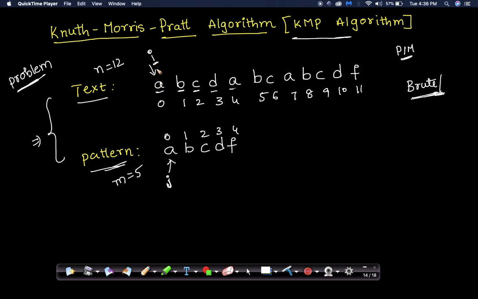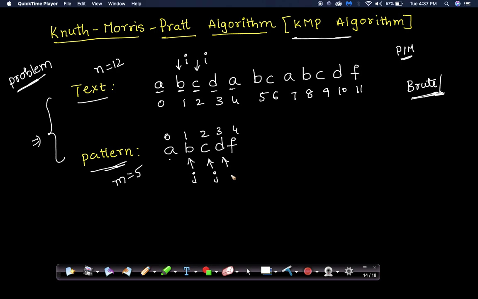Now I am comparing I and J. The values present at I and J are A and A. Yes, it's matched. Then I will increment the value of I, and as well the value of J. Right now J is pointing to the first index and I is pointing to the first index of the text. Then I compare the values at I and J, B and B, yes it's matched, so I increment both I and J. Then I compare C and C, yes it's matched, and increment both again.